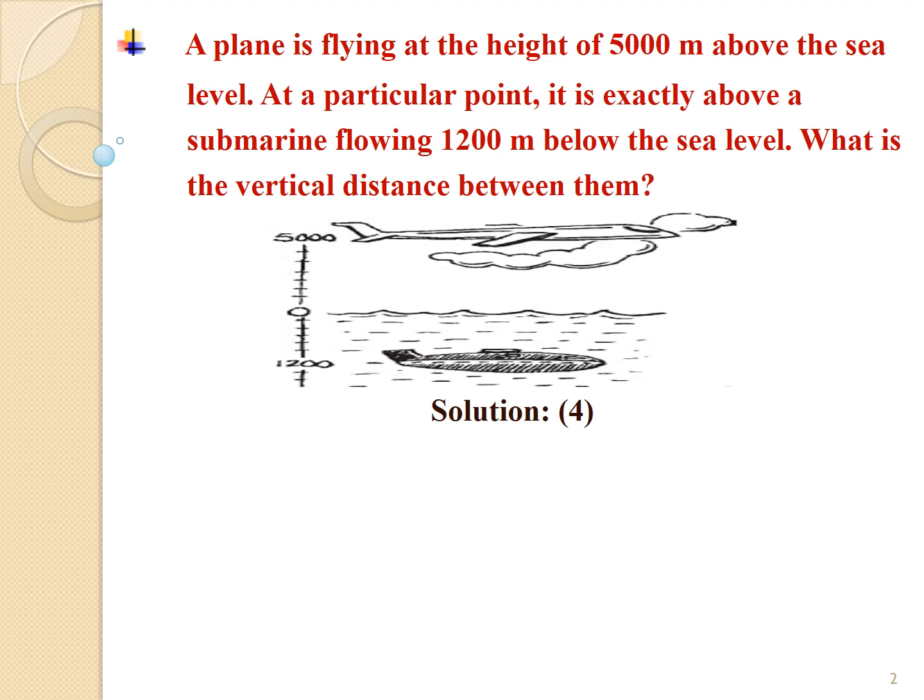So, in order to find the distance between a plane and a submarine, we will subtract minus 1200 from 5000.